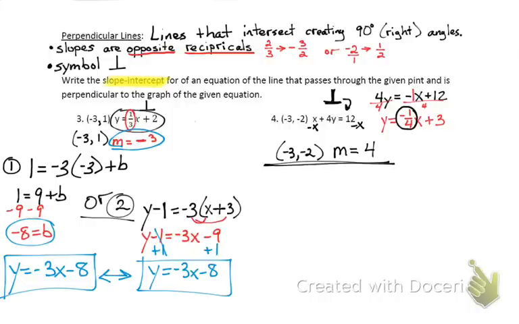So now you put it in slope-intercept form. This time I'm going to only use point-slope form. I kind of like point-slope form the best, so I'm going to say y minus y1, so y minus negative 2, which turns into plus, equals m, which is 4, times x minus negative 3, which again turns into a plus, and now I solve. Distribute my 4, y plus 2 equals 4x plus 12.